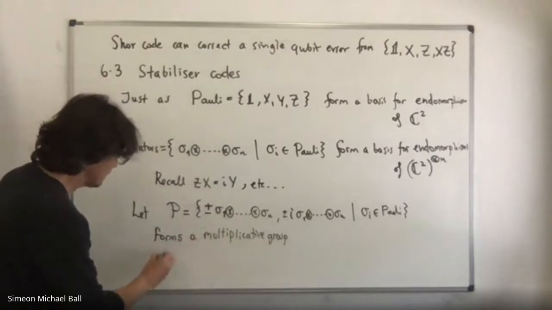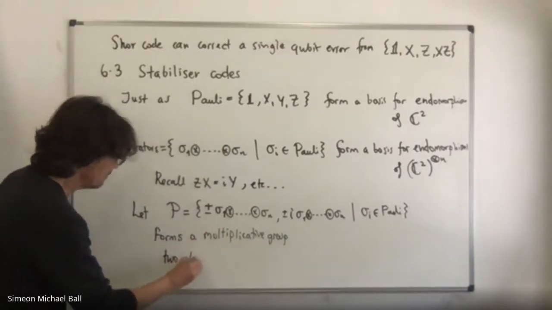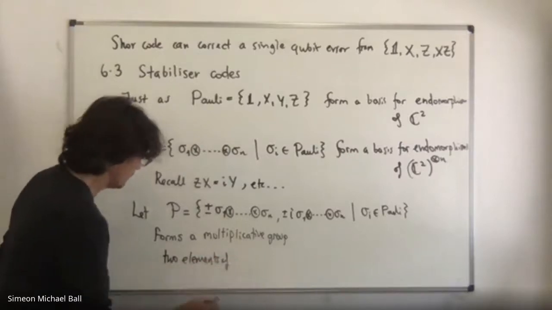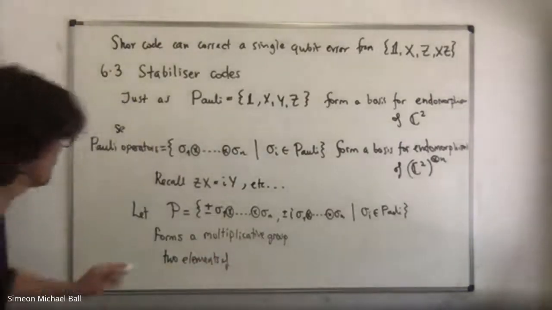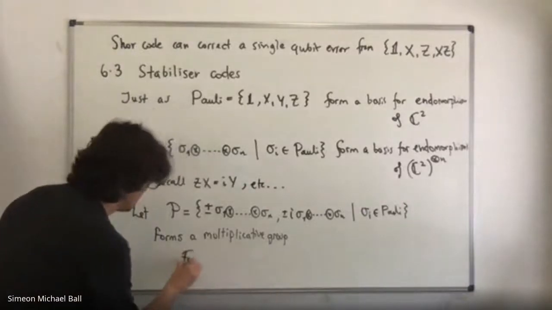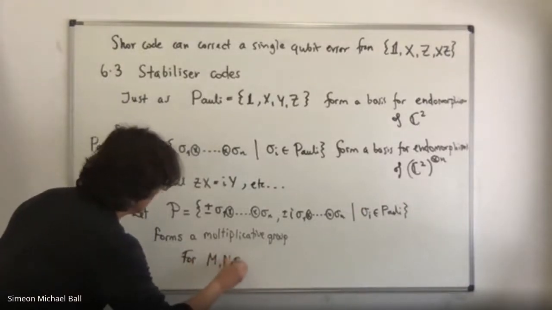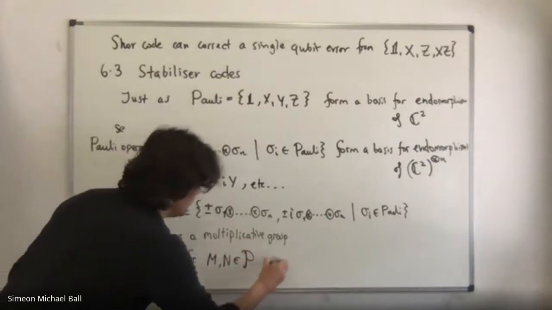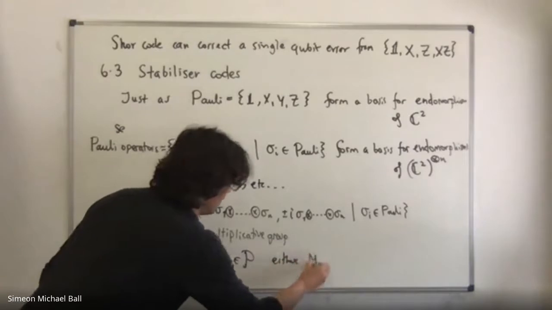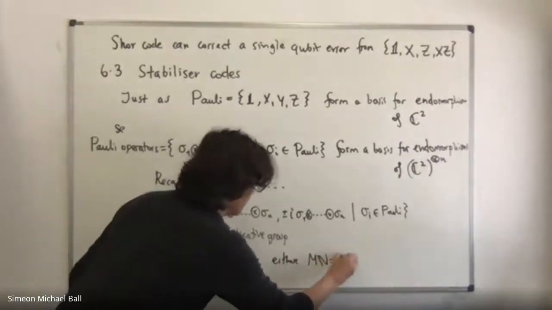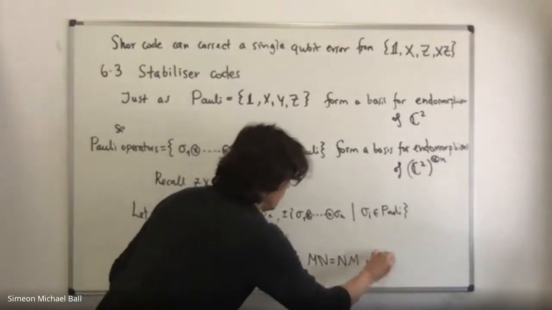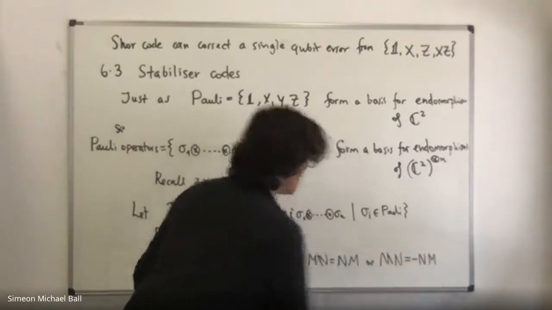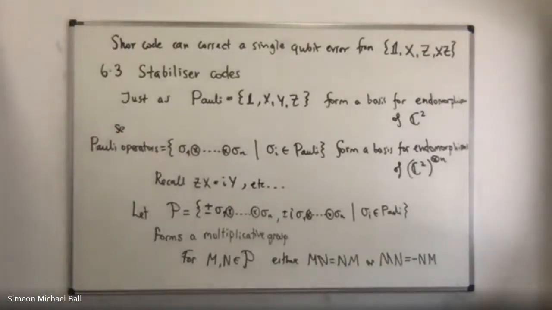So for two elements M and N in P, either MN is equal to NM, or MN is equal to minus NM, so they either commute or anti-commute.